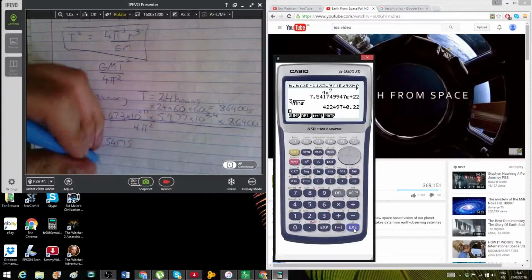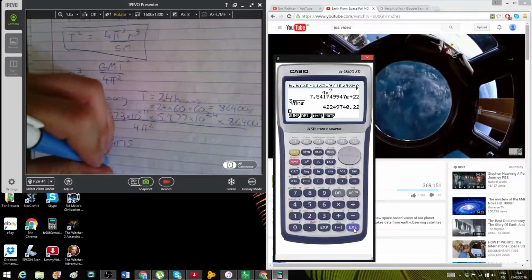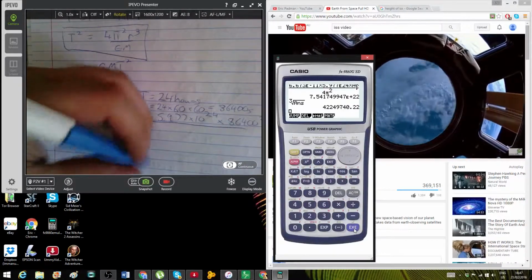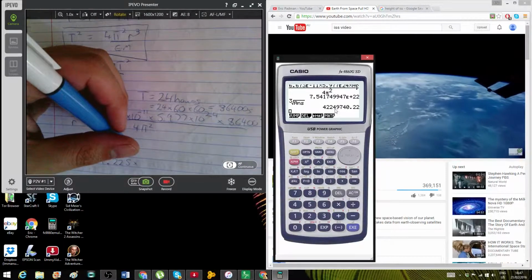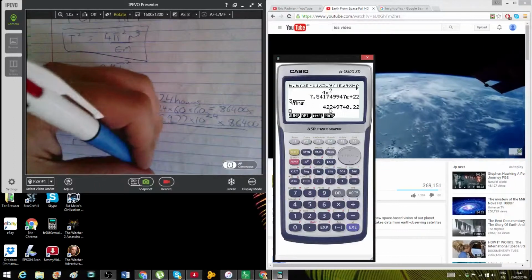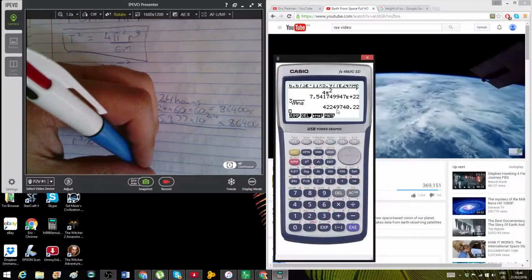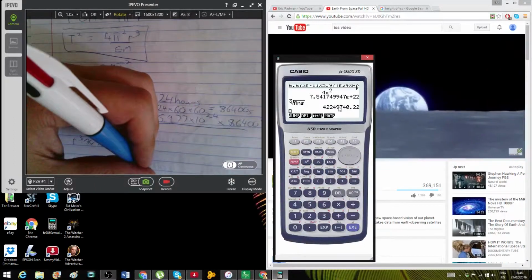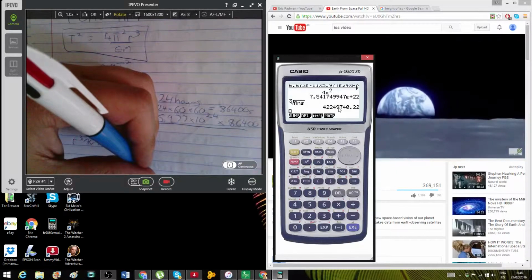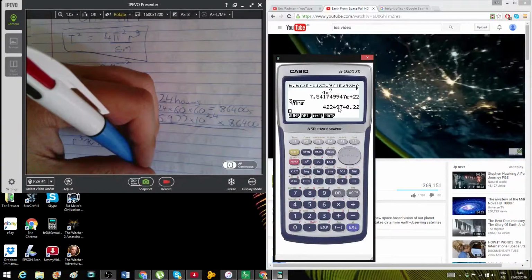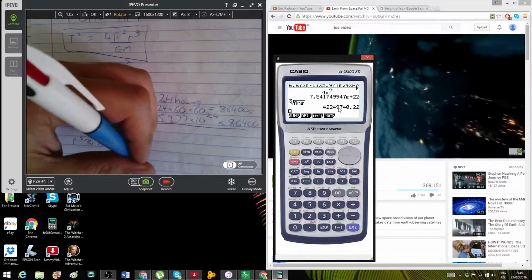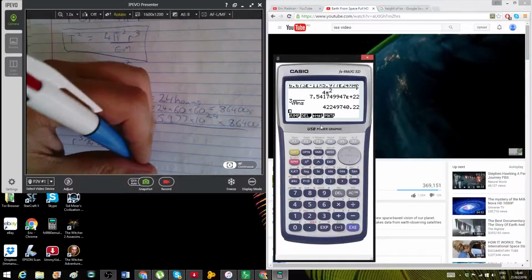That looks about right from memory: 4.225 times 10 to the 7. If it was in kilometers, that would be 42,250 kilometers above the Earth. So that's 10 to the 7.